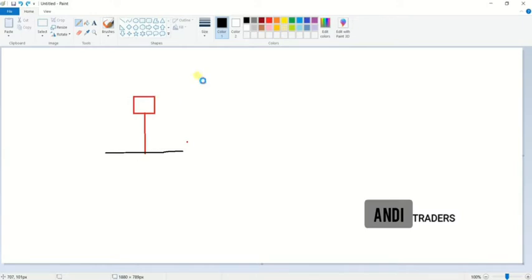So if we see this candle in the market and we have a resistance here, what about this? This resistance will confirm that this candle will go down for sure.